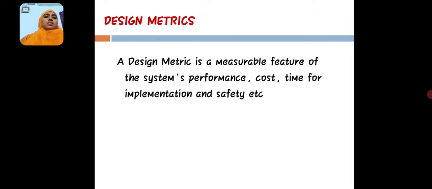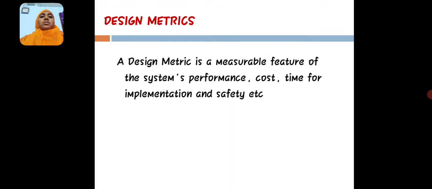In this class, I am going to explain about the design matrix of embedded systems. A design matrix is a measurable feature of the system's performance, cost, time for implementation, safety, etc. So what does design matrix mean?